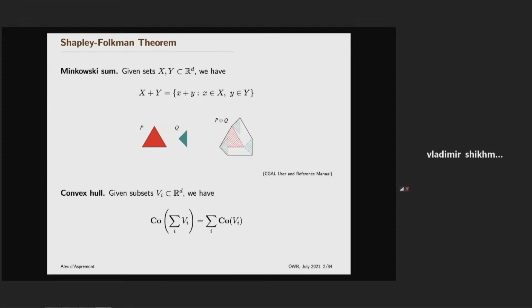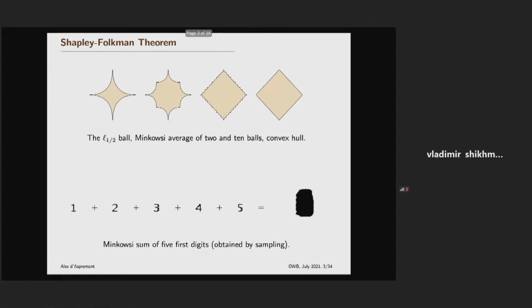So why do we care about this today? Well, it turns out that an interesting phenomenon appears when you take Minkowski sums of sets. Take the L1 half ball on the left over here, and I'm computing its average with itself. With 2 balls, you get this set over here. When you do that with 10 balls, you get this set over here.